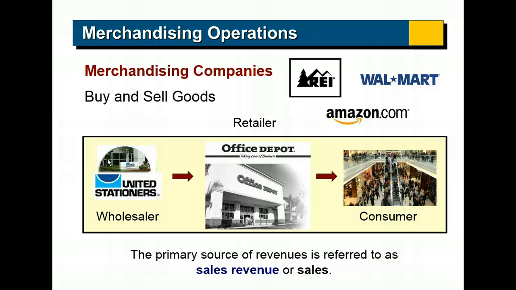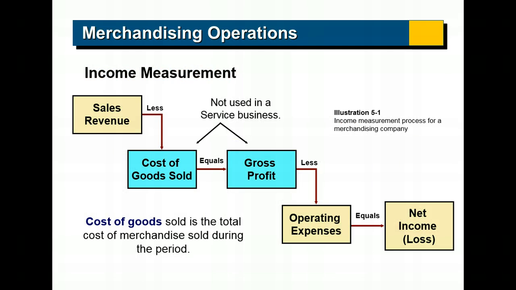Toyota is more manufacturing. We're dealing with merchandising where they purchase the goods for resale. Okay? So, when we deal with the merchandising industry, we are going to have sales revenue. The sales revenue is what we purchased the product for.